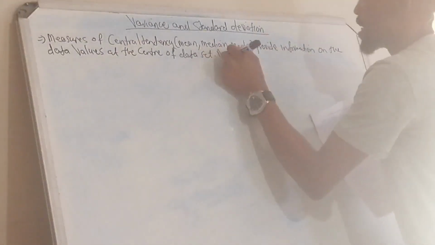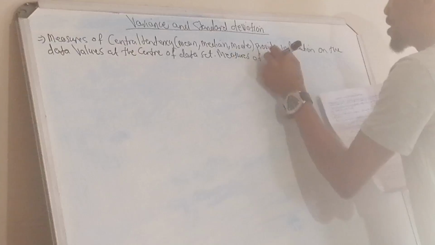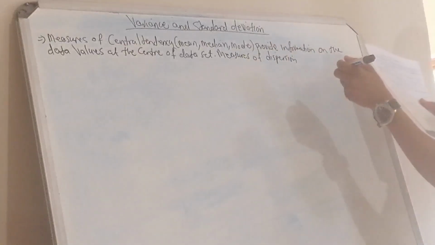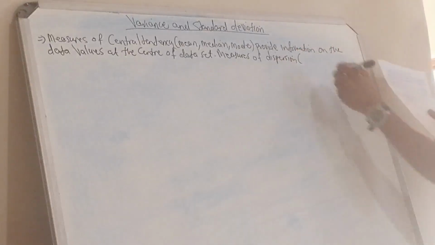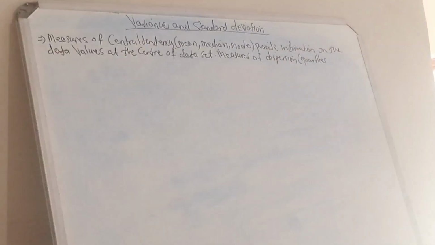And then we are therefore saying the measures of dispersion. In those measures of dispersion, we have quartiles, lower quartile, upper quartile.